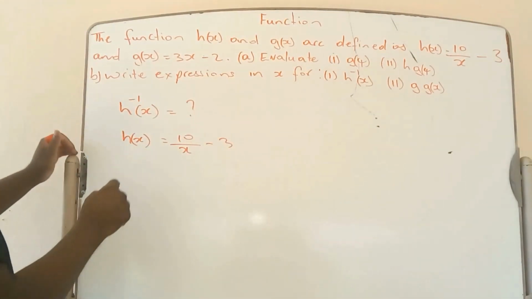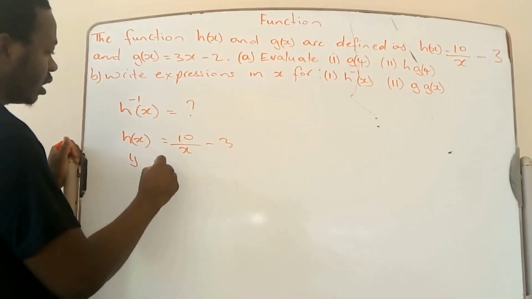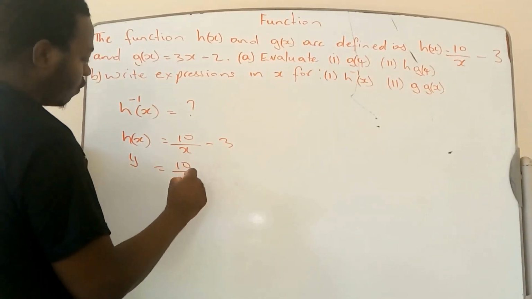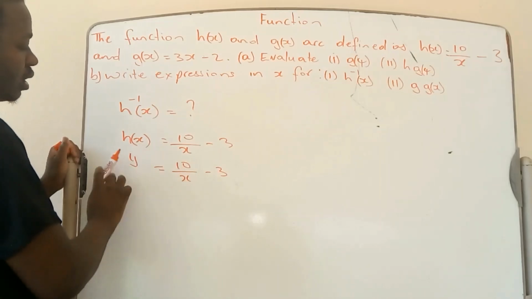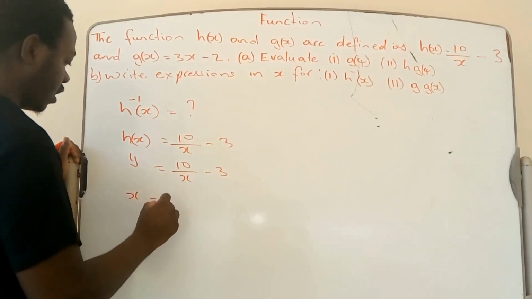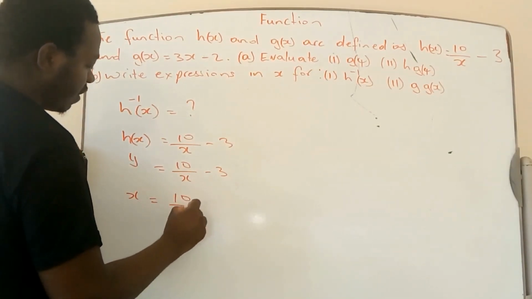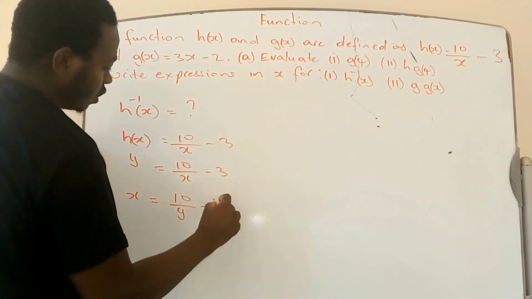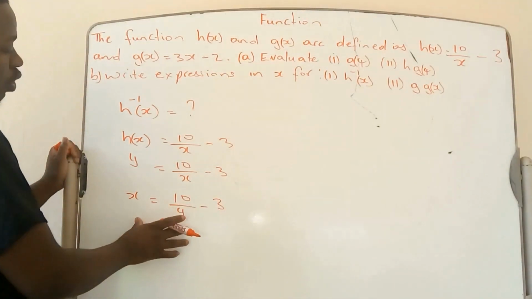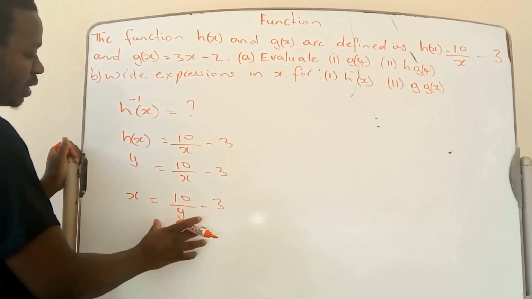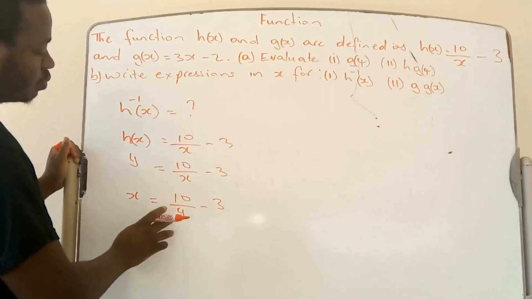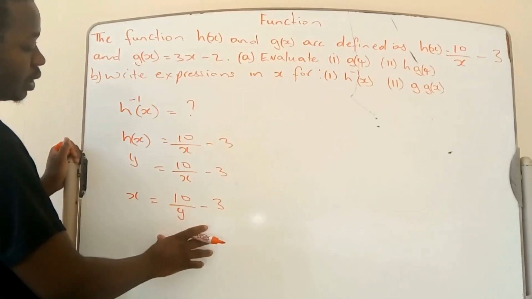Replace h of x with y. So y is equal to 10 over x minus 3. Interchange x and y. So x is equal to 10 divided by y minus 3. At this stage, what we are going to do is to transpose for y. In other words, we want to make y the subject of the formula.